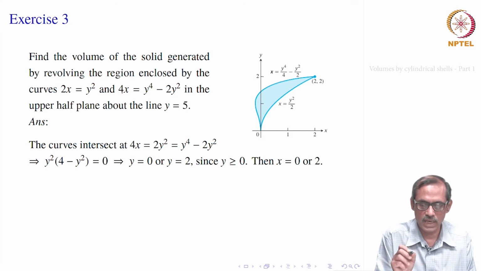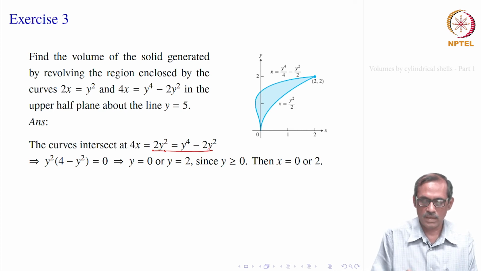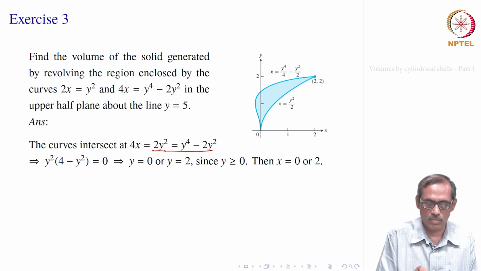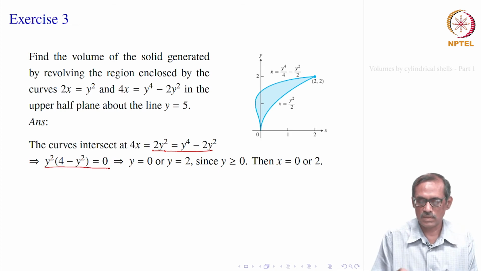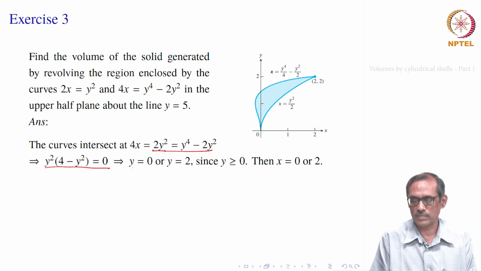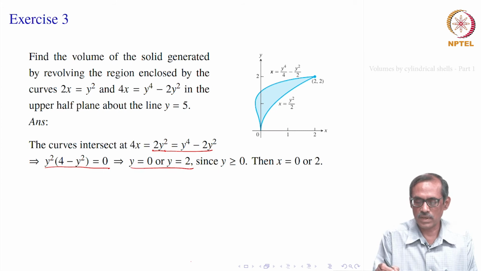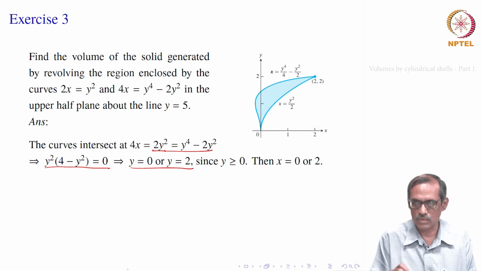Let us eliminate this 2x, that is, we get 4x from the first equation as 2y square and from the second as y fourth minus 2y square, and that factorizes to y square into 4 minus y square equal to 0. So, y equal to 0 or y equal to 2, right, because we are taking only y greater than or equal to 0, it is upper half plane. So, we have only these two as the solutions, 0 and 2.